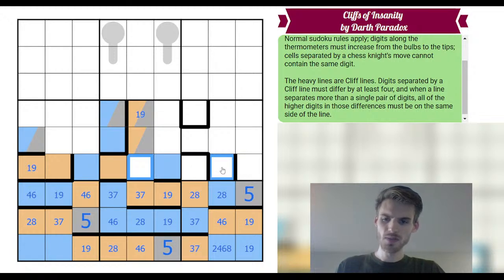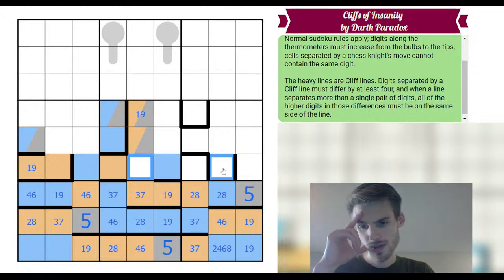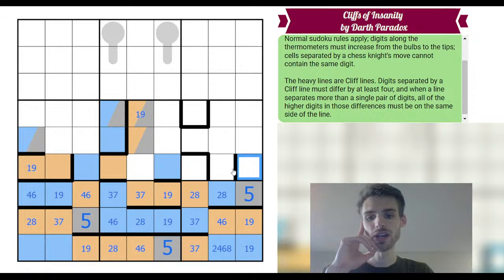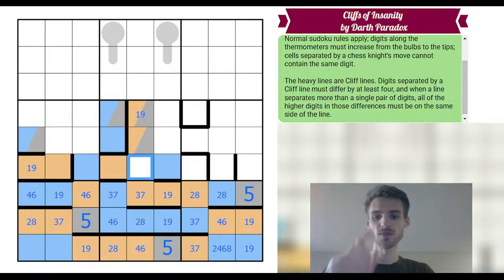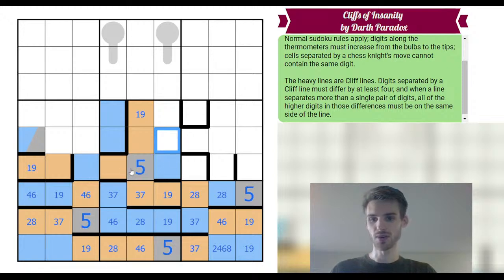So 5 can't be there, but I don't see. Oh, this can't be a 1 or a 9. So this can never be 5. So 5 is placed right here. Very nice point, Naverio, as always.